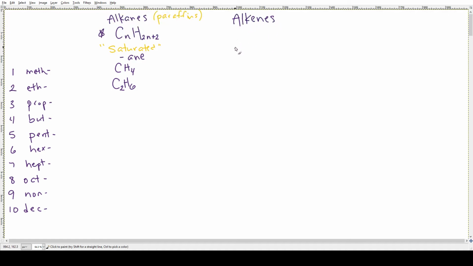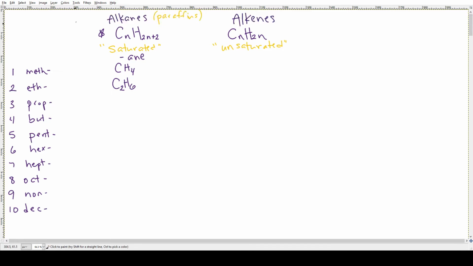Alkenes, they follow the formula CnH2n. These guys are unsaturated. And the reason for that is a spot where a hydrogen could usually fit has been removed because now we have 1 double bond. So let me change my color here.